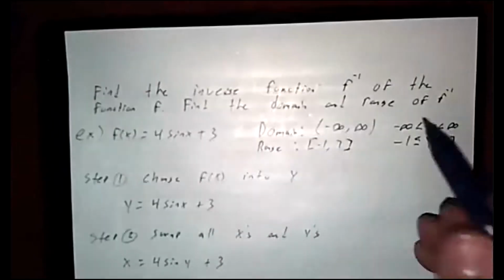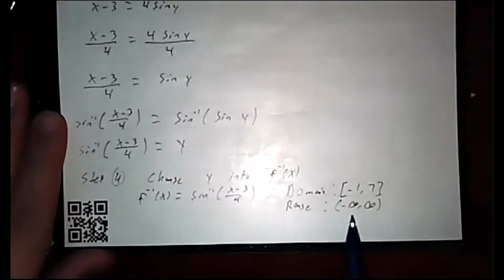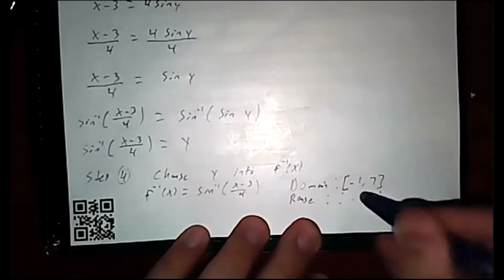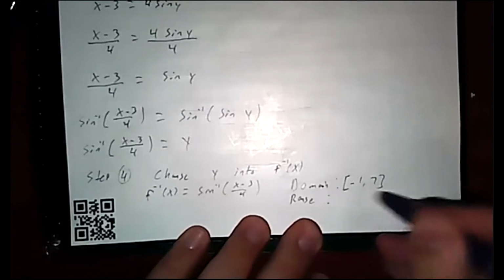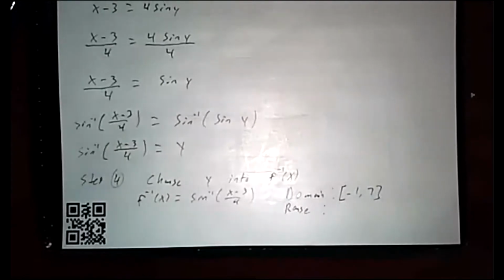So you would have to restrict this one as well, so this range would be wrong, actually. We're not restricting the amplitude at all on a function. It's the x value that gets restricted. Yeah, you restrict the domain, which in turn restricts the range of the inverse.